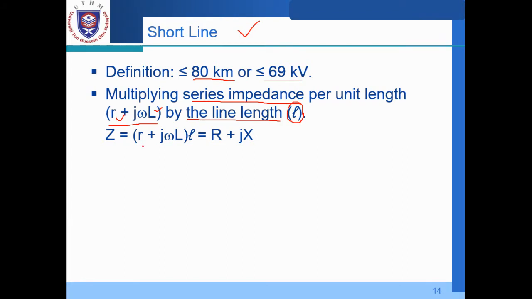So Z equals R plus j omega L. Just multiply the resistance and inductance of the transmission line by the length. Don't forget the j omega L, where omega is 2 pi f. Normally the frequency is 50 Hz. And the impedance Z equals R plus jX after we multiply by kilometers.